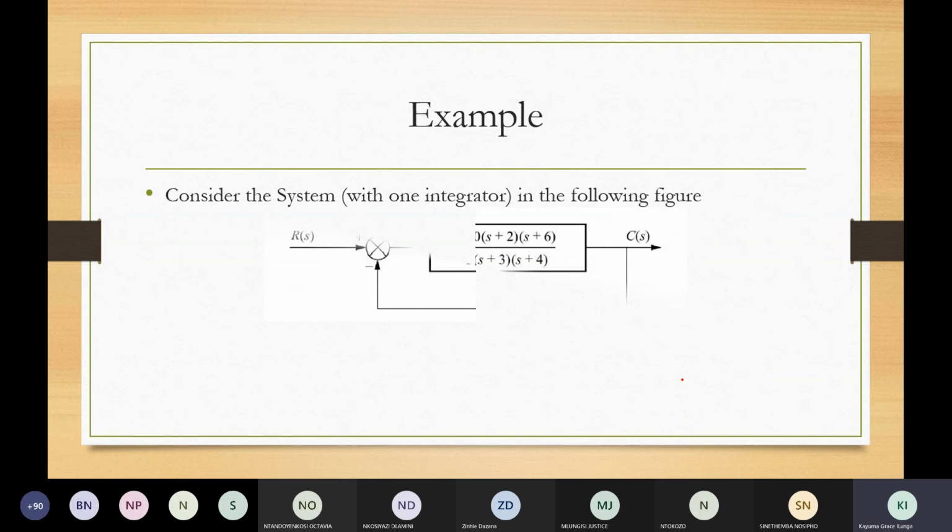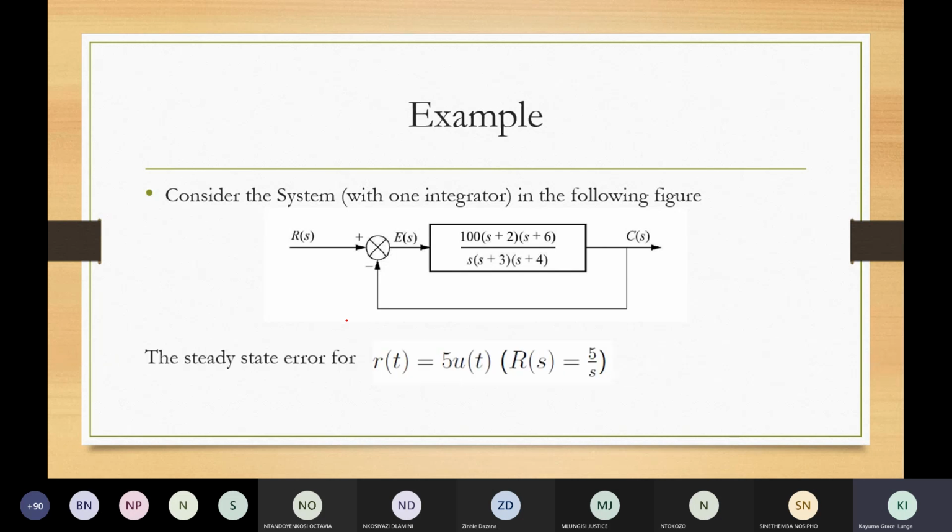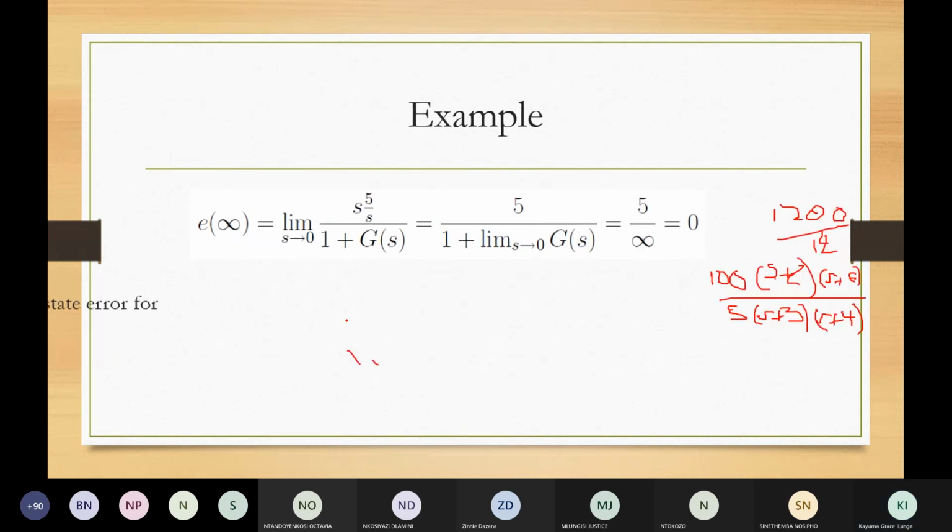Then we use now a system with one integrator, which is s, this one. That means n is equal to 1, so we have one integrator. By solving this problem, by applying different inputs like the step, ramp, and parabolic, we find that when we apply the step, the error is equal to 0.